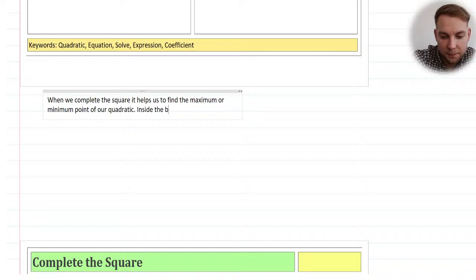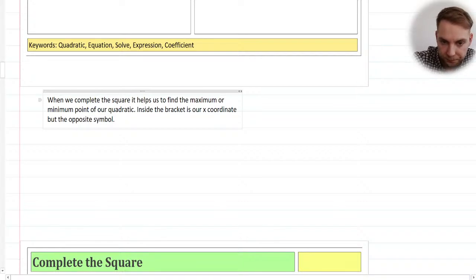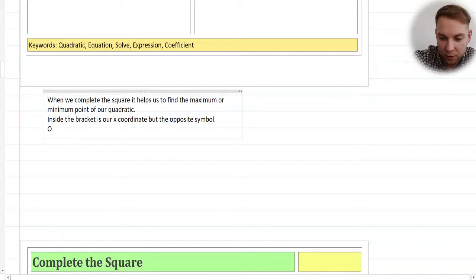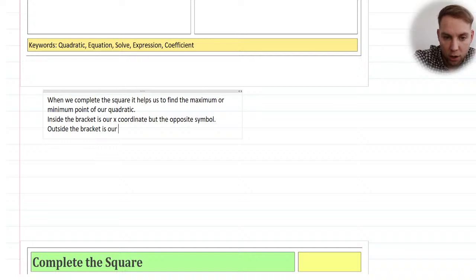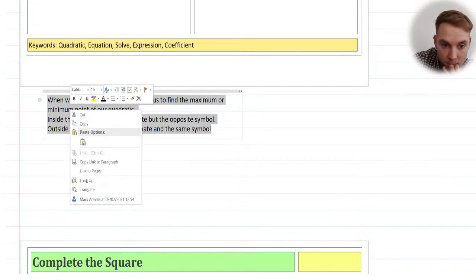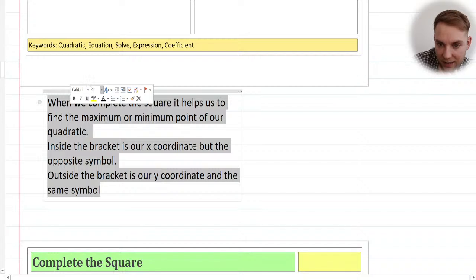Inside the bracket is our x coordinate, but the opposite symbol. I can make that a bullet point actually. Outside the bracket is our y coordinate and the same symbol. Really important that. So get that down.